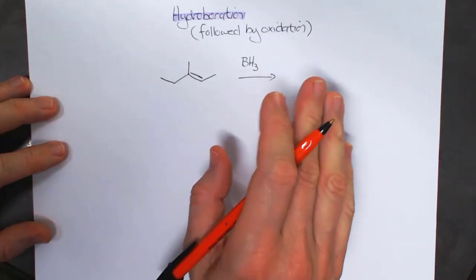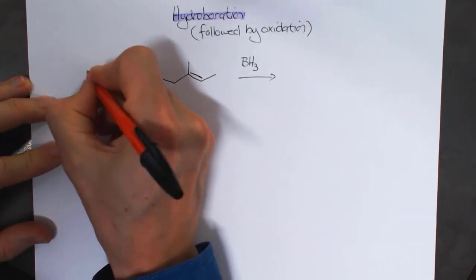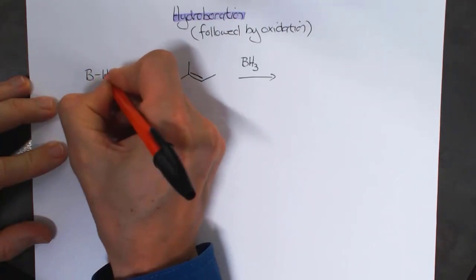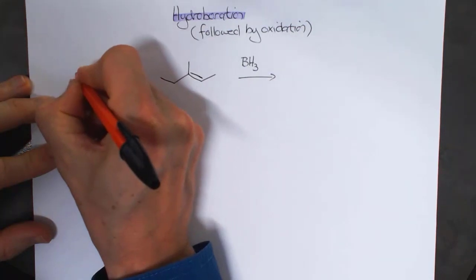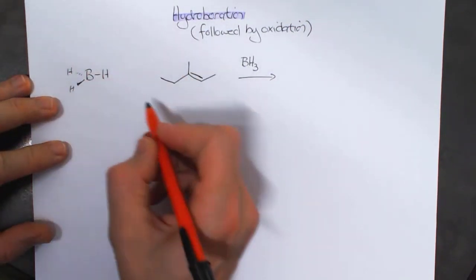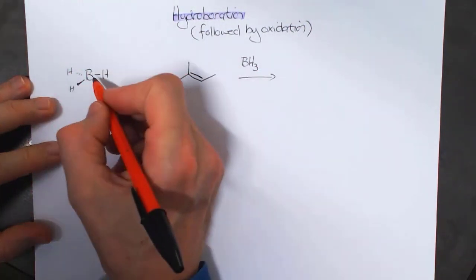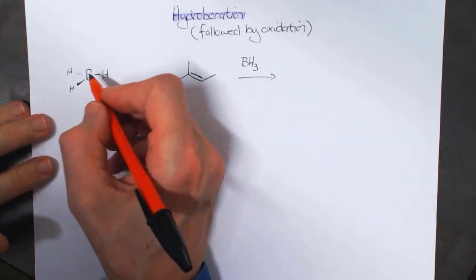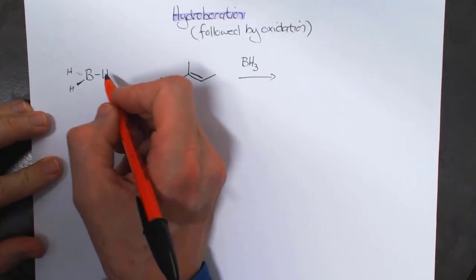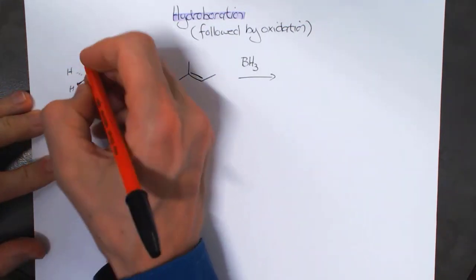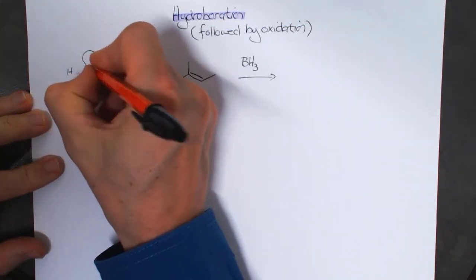If we look at boron, I'm going to look at it from the side. One of the things we should recognize is that a molecule like this must be trigonal planar. If it's trigonal planar, that means it's sp2 hybridized. And if it's sp2 hybridized, there is a missing p orbital.